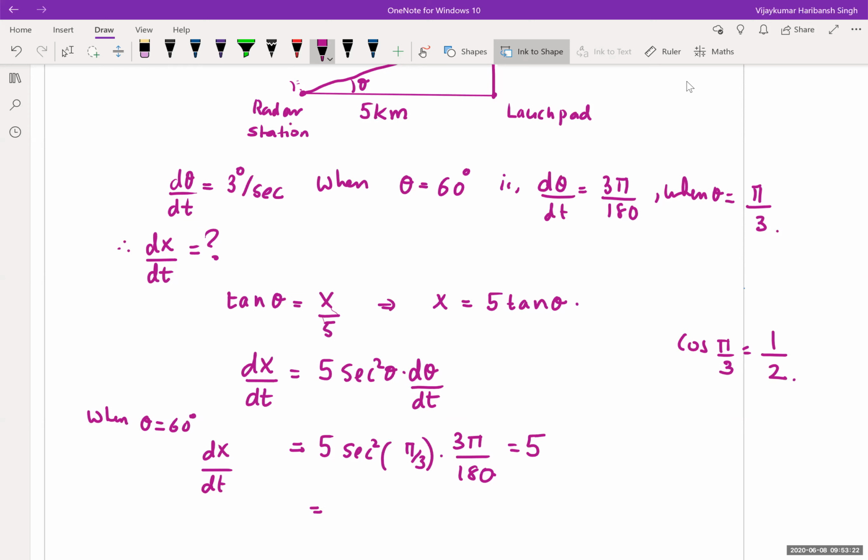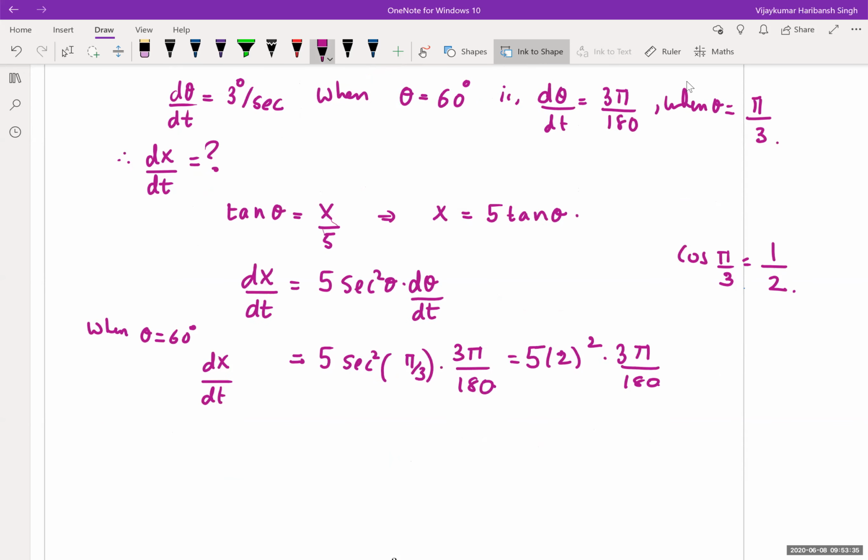So this is going to be 5 times 2 squared times 3 pi by 180. So 5 times 4 is 20, times 3 pi by 180. 20 goes into 180 nine times, so that is pi by 3.